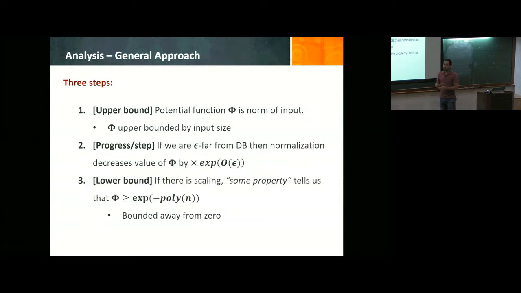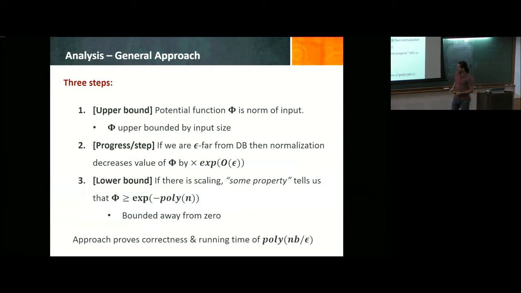We need to say that if I can get very close to doubly balanced, then my norm never gets below a certain value, and the value can be exponential over poly n. This only means that it's bounded away from 0. And if I don't have a doubly balanced scaling, I'll be able to drive it as close to 0 as I want. So this is the analysis of the algorithm.